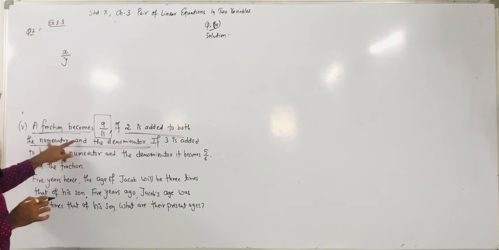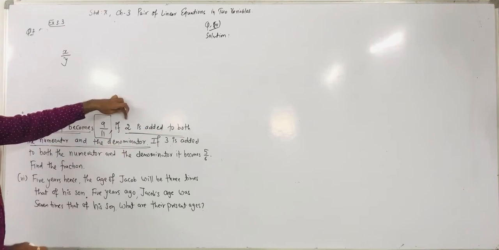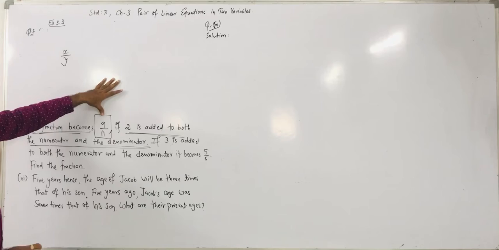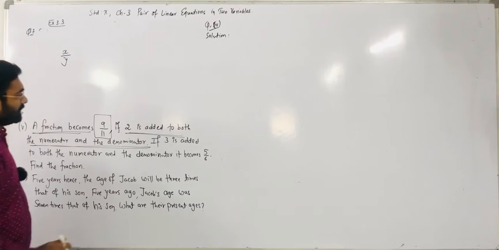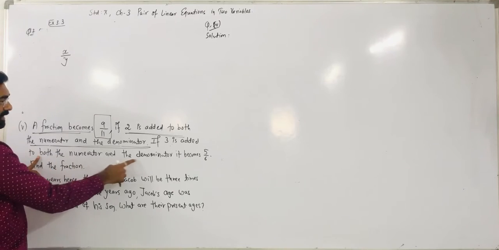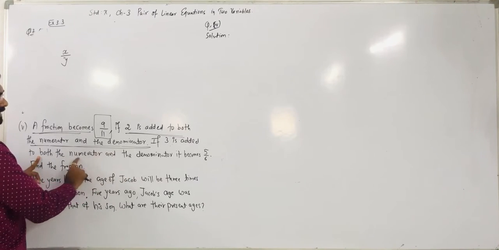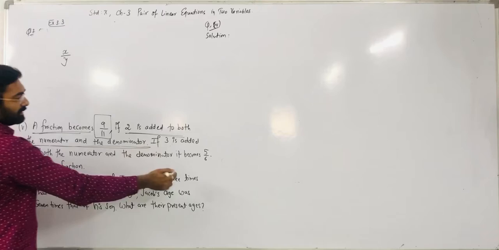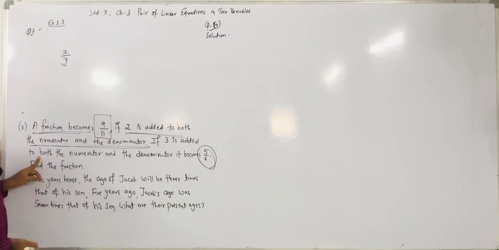Another thing is given: if 3 is added to both the numerator and the denominator, then the fraction becomes 5 by 6.